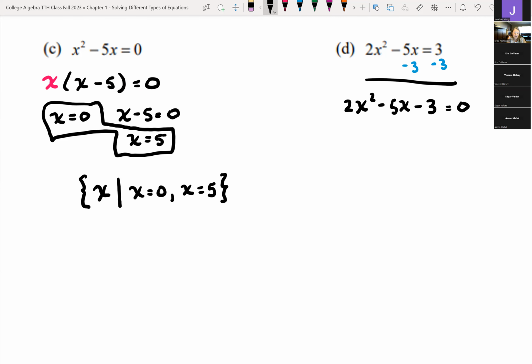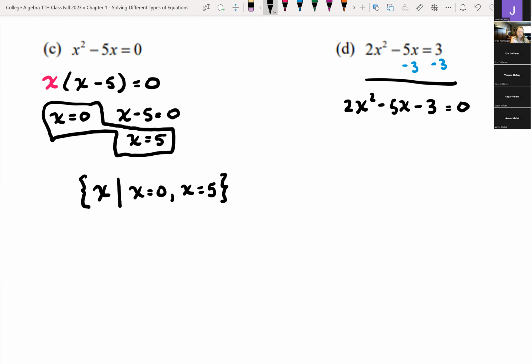This is a harder case because that coefficient, the number in front of the x squared, is not 1. So there's multiple different ways that you can do this. You can use trial and error, or we can use what is called the AC method.